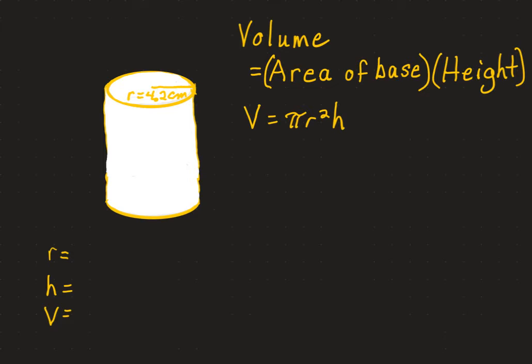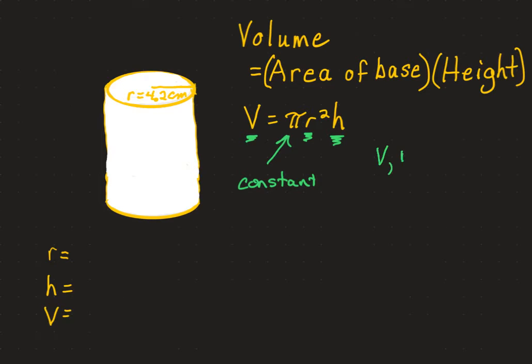Let's take another look at that equation for the volume of a cylinder. We have looked at the case where you know the radius and you know the height, and we have solved for the volume. And we just looked at the case where we had the volume, we had the radius, but we were solving for the height. All three of these letters represent variables. Pi is the only constant.